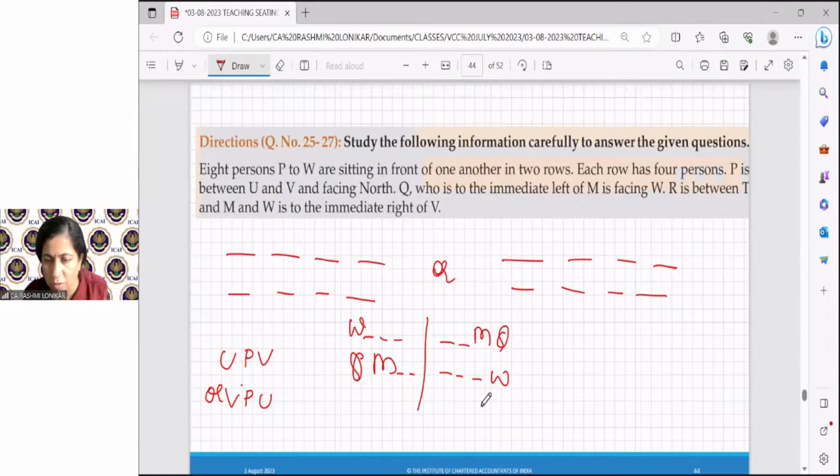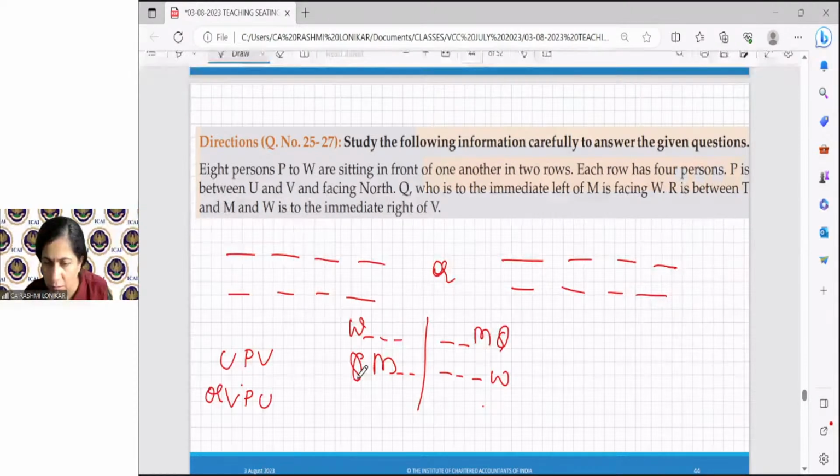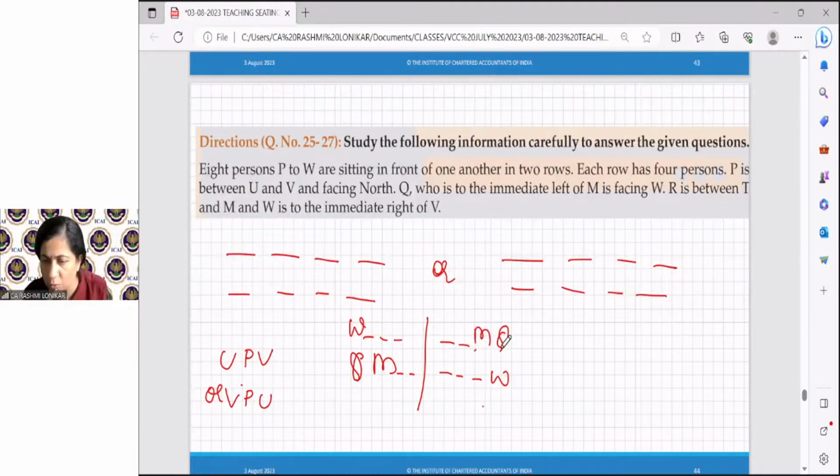This or this. Q and M are immediately there. So left of M is Q. Q is to the immediate left of M.